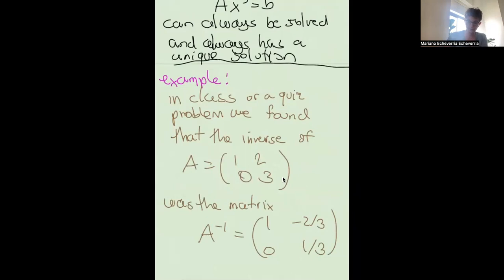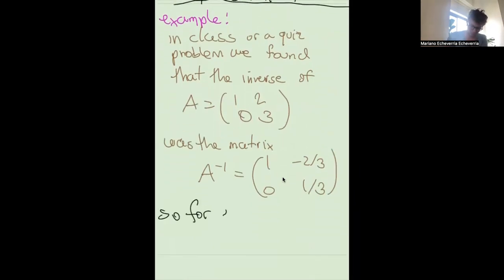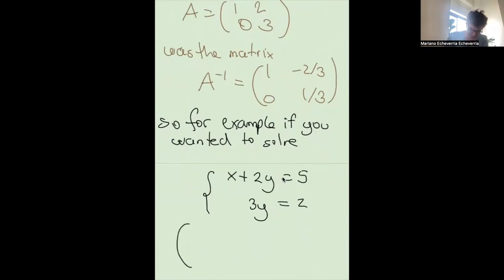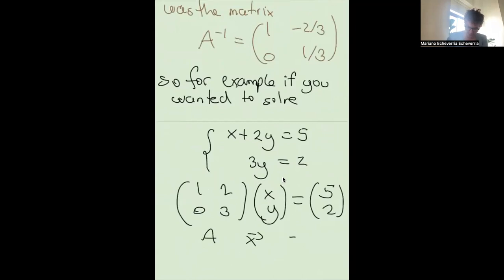So that means, for example, if you wanted to solve this system, which is [1, 2; 0, 3] times [x; y] equals [5; 2], notice that this is Ax equals b.